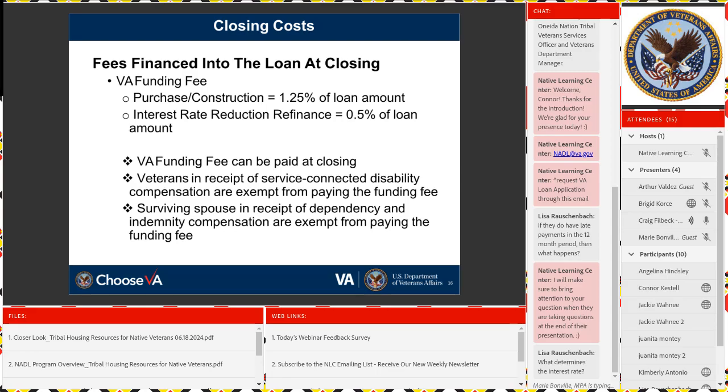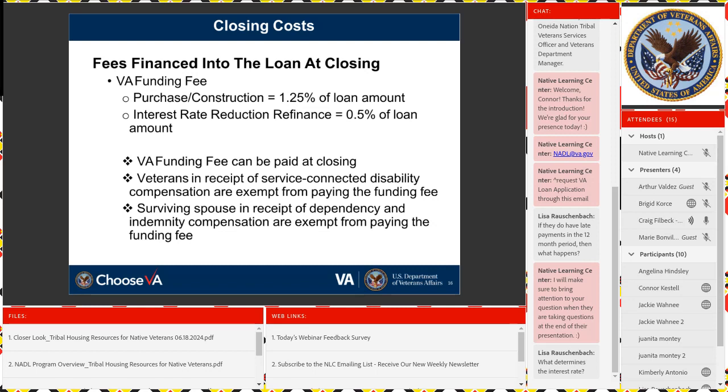If someone has an existing Native American Direct Loan and they're looking to refinance because we lowered our rates, there's also a funding fee of 0.5% for veterans that do not have service-connected disabilities. The VA funding fee can be paid out of pocket. Most veterans finance it into the loan. I pretty much touched on the service-connected disabilities.